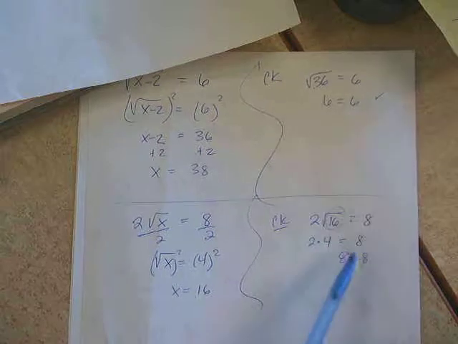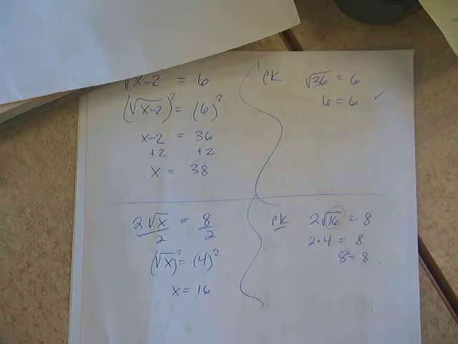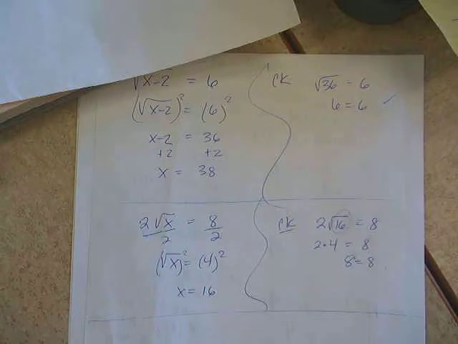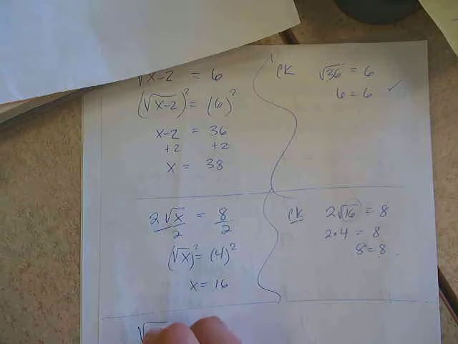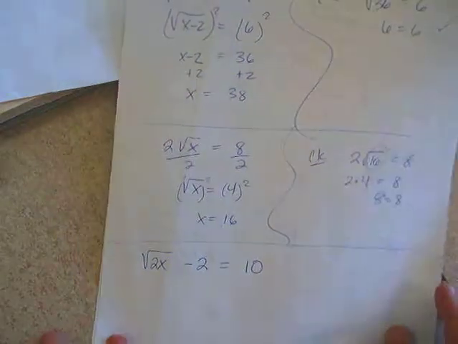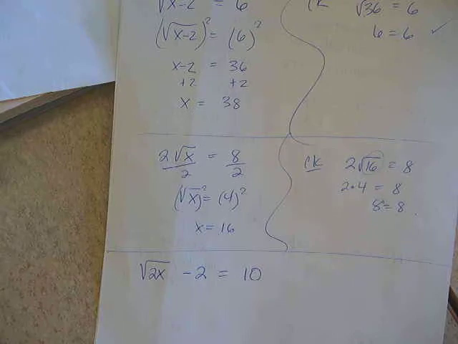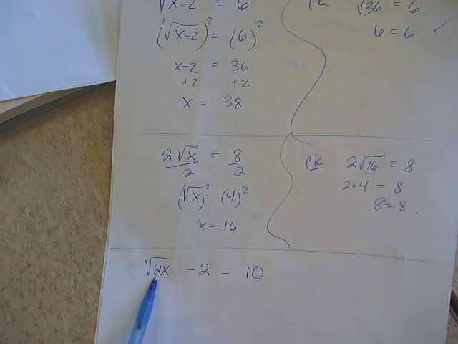So 16 should make this true. You know what I mean? So if I plug it in and I got 5 equals 8, then that's not true. What I plugged in would not be the correct solution because it didn't make it true. There's only one correct solution that makes it true. Well, eventually there might be 2, but that's a whole different story.